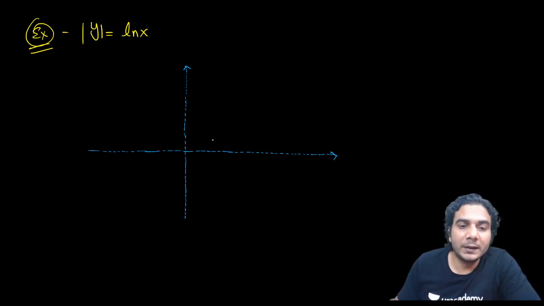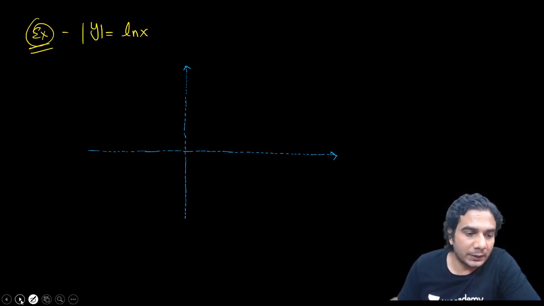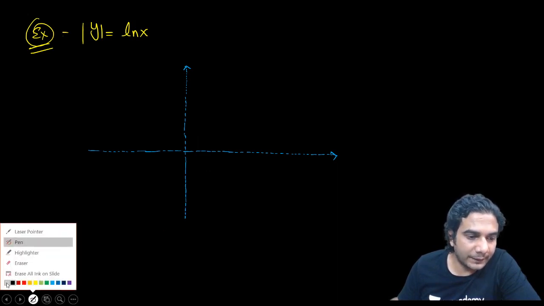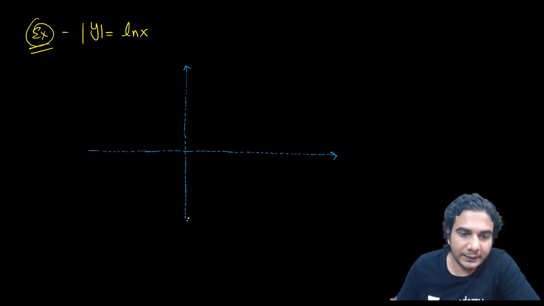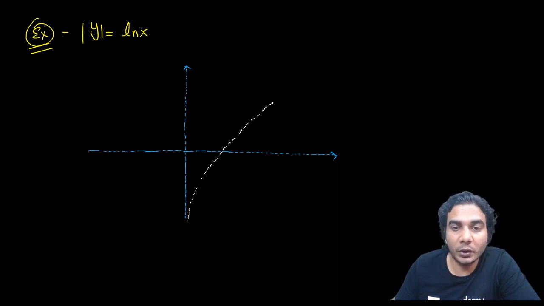I'll plot the base graph. Base graph is the graph of y is equal to ln x with white color. So this is the graph of y is equal to ln x. You all know that, right?